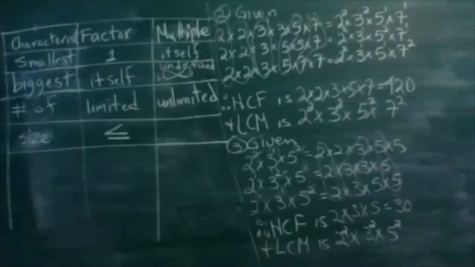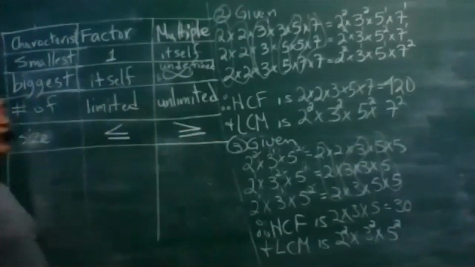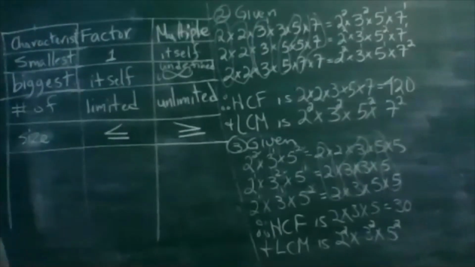So factors are less than or equal to whatever number they're describing, okay? Now, multiples are always greater than or equal to the number they are describing. Right? They're greater than or equal to the number that they are describing. Okay? Questions, guys.